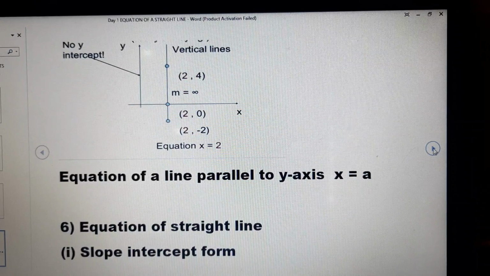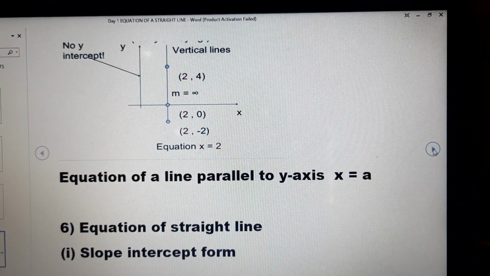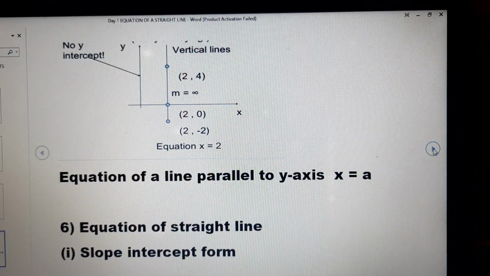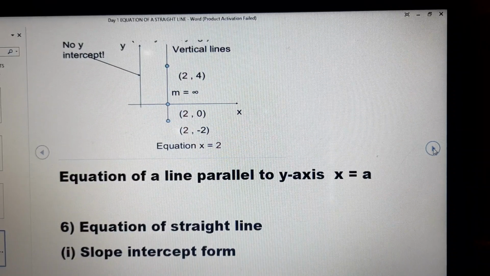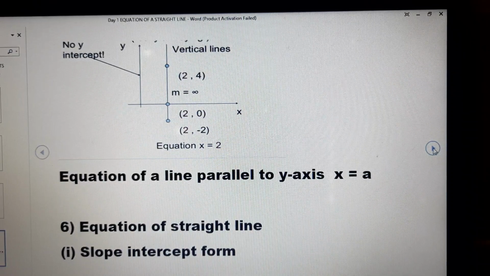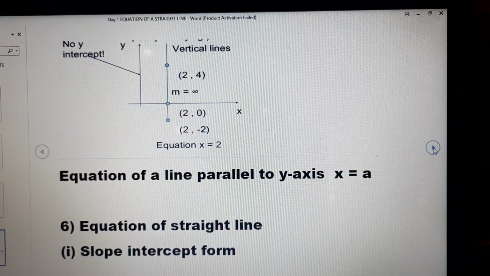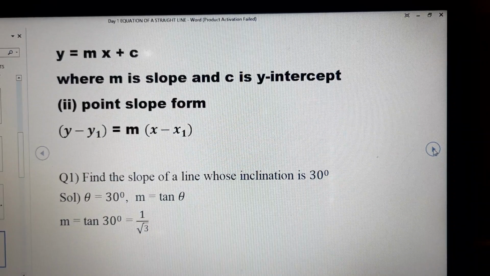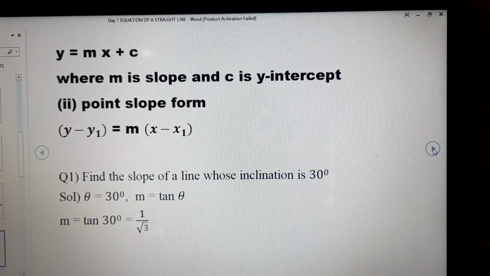Clear? Now, if a line is neither parallel to x-axis nor parallel to y-axis, how will you calculate the equation of that particular line? There are two ways. One is slope-intercept form and the other is point-slope form.